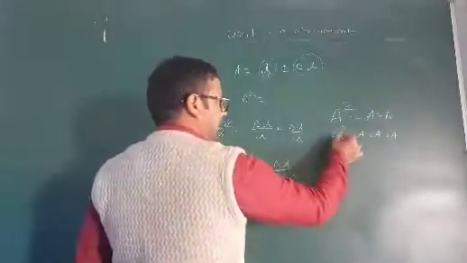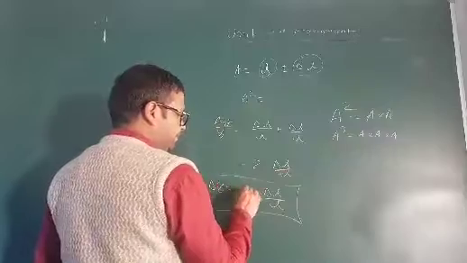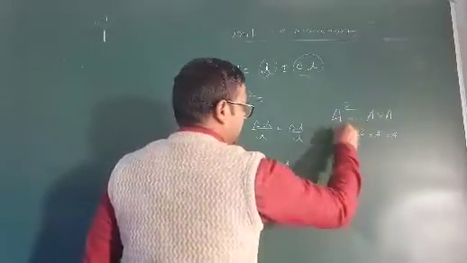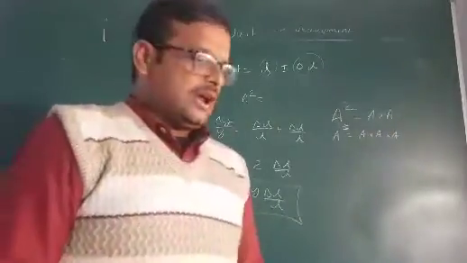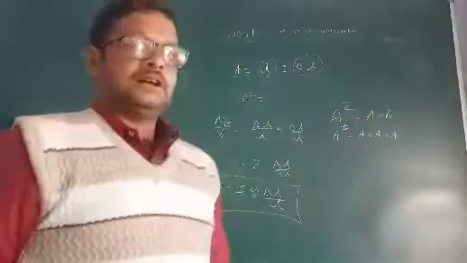In case of A cube, there will be 3, and in case of A to the 5, there will be 5.